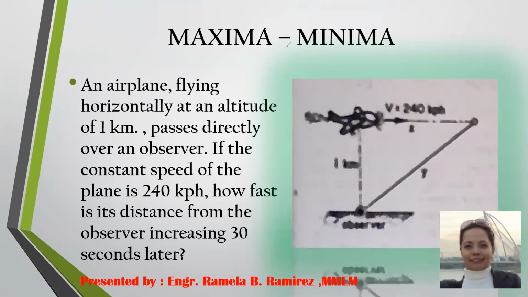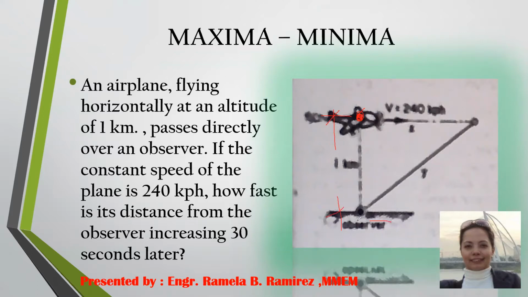As you would notice in our figure, we can draw the figure by simply stating that this is the airplane, this is the initial location of the airplane, and it has an altitude of 1 kilometer from the observer.